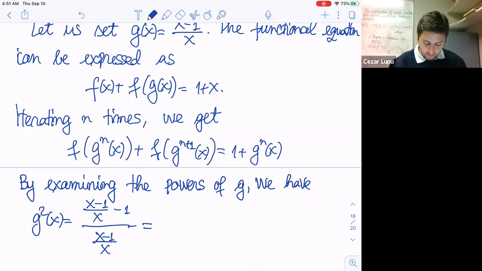I don't need this to do computation at 5 a.m. in the morning. So actually it's easy, it's 1 over 1 minus x. Okay, great, that's actually great.